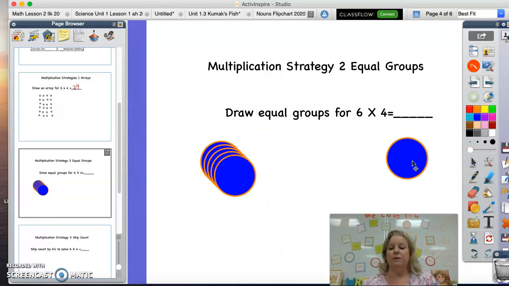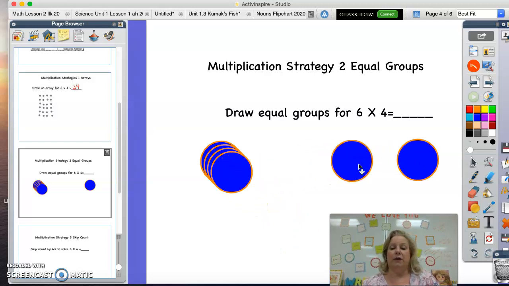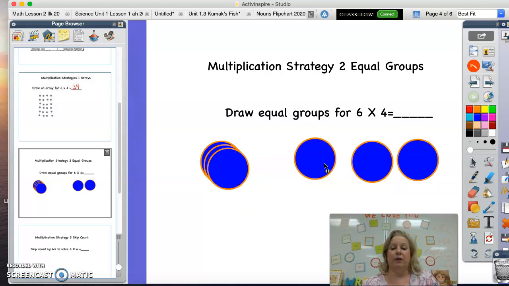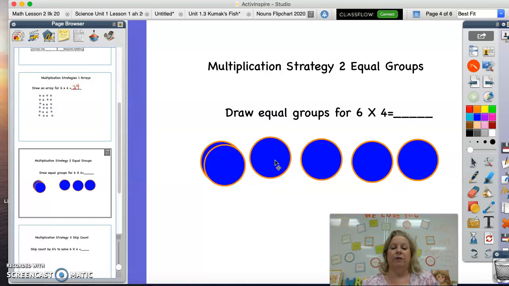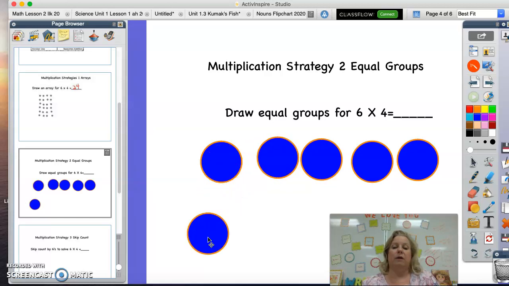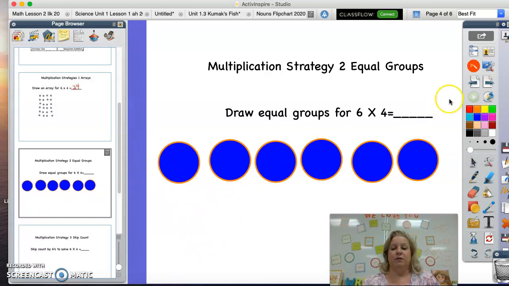These are my groups. We've got 1, we've got 2, we've got 3, we've got 4, we got 5, and then we have 6. So those are our groups right there.